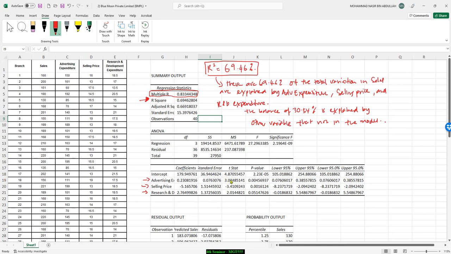Now, the first part we look at is the ANOVA table. In the ANOVA table, the p-value here is less than 0.05. So what can we say from here?